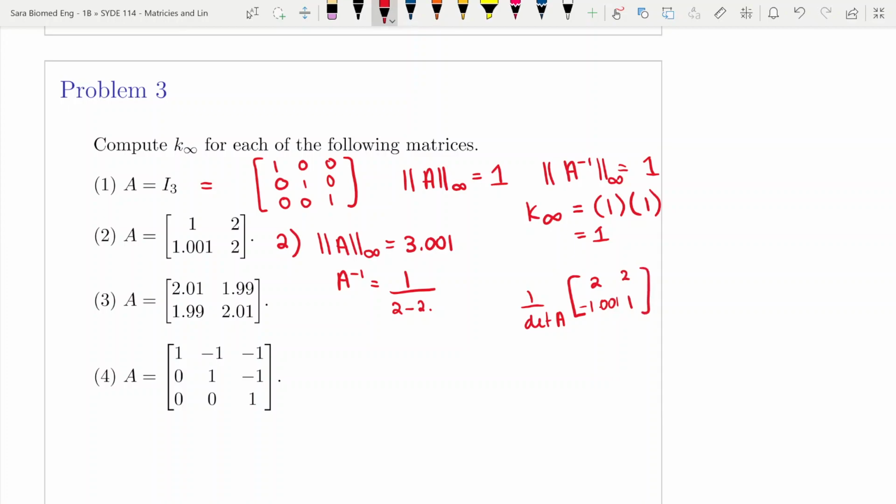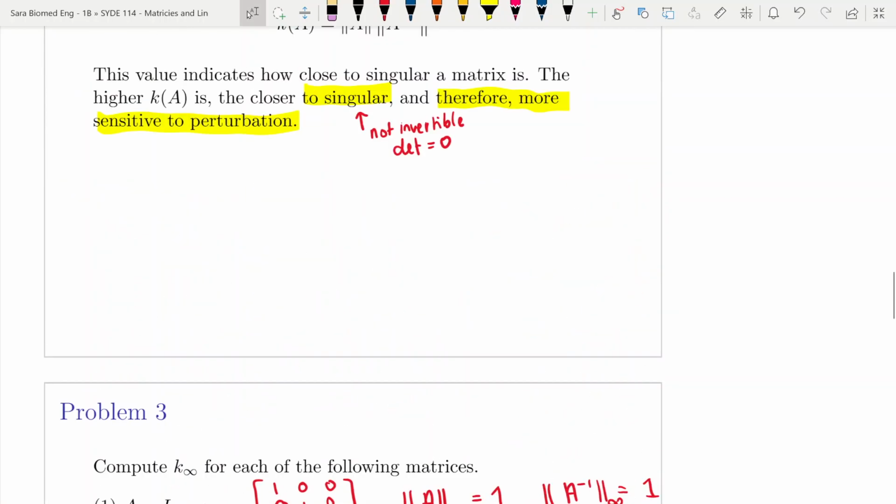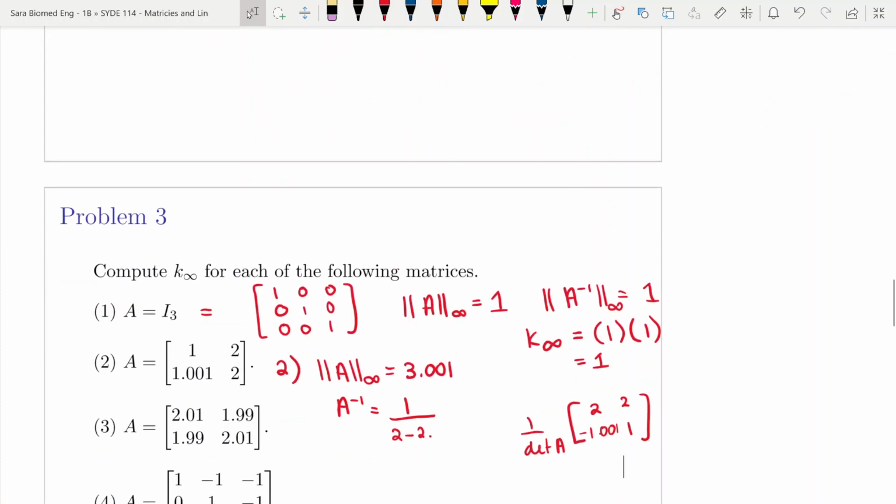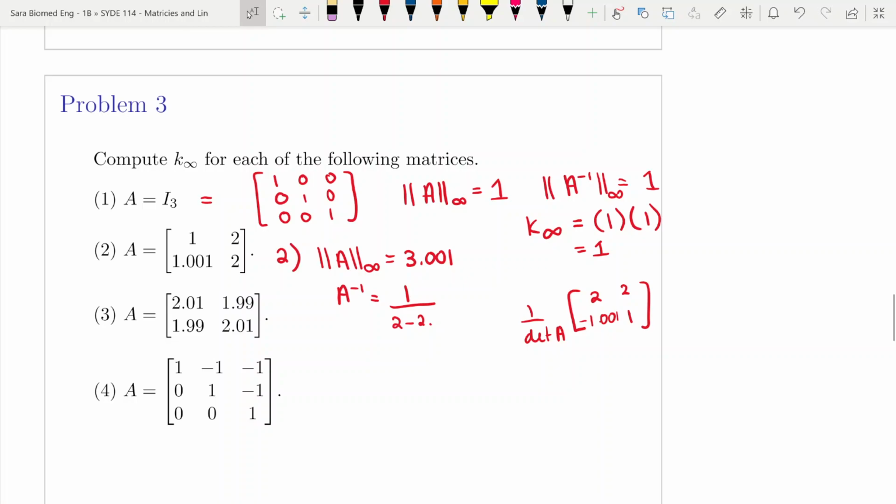K is the inf norm of A times the inf norm of the inverse of A, so you have to calculate both of them. The inf norm of A is just 1 because you're adding this 1. It's the same for A inverse, because it's the identity matrix. Once you have those values, you just multiply them. That makes sense.